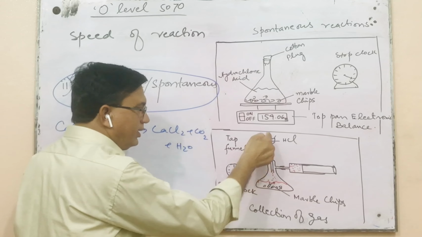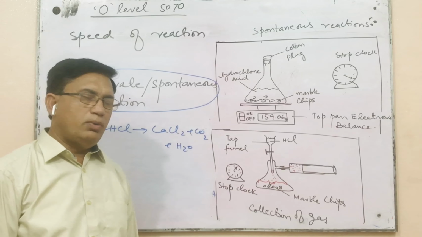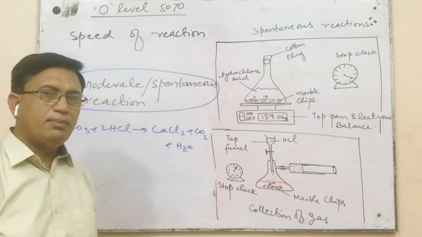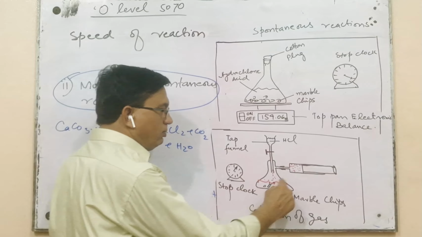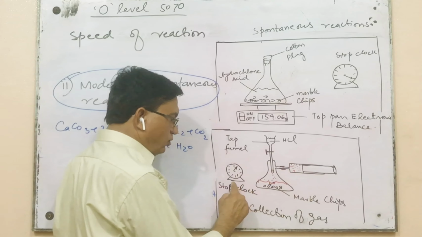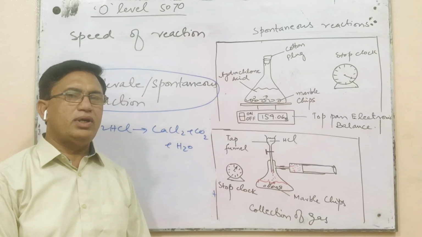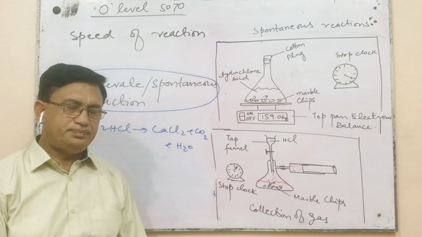Whenever we allow hydrochloric acid to drop into the conical flask, we will start the stop clock immediately, and the gas produced will be collected in the gas syringe, and we will note down the volume of the gas collected in the gas syringe after each regular interval of time.